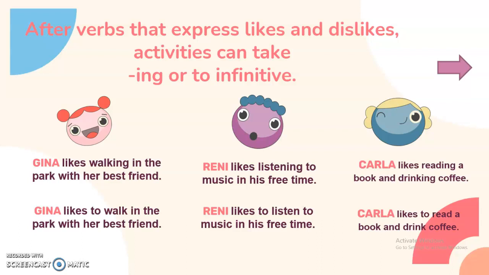Los dos son perfectamente aceptables, pero la forma con ing es mucho más utilizada. So, for example, I can say, Gina likes walking in the park with her friend, or Gina likes to walk in the park with her friend. Both are correct, there is no difference. Las dos anteriores son correctas, no hay ninguna diferencia.